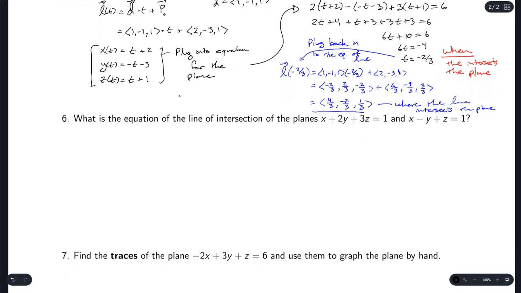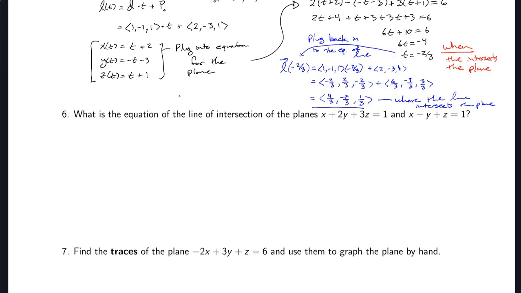So let's go ahead and move on and talk now about how we intersect 2 planes. If I have 2 planes and I want to say where they cross each other, they're going to cross in a line. So to get the equation of a line, I need a point on the line, and I need the direction of that line. Now, there's a couple of different strategies that'll get us through this, but I like going with a nice simple strategy.